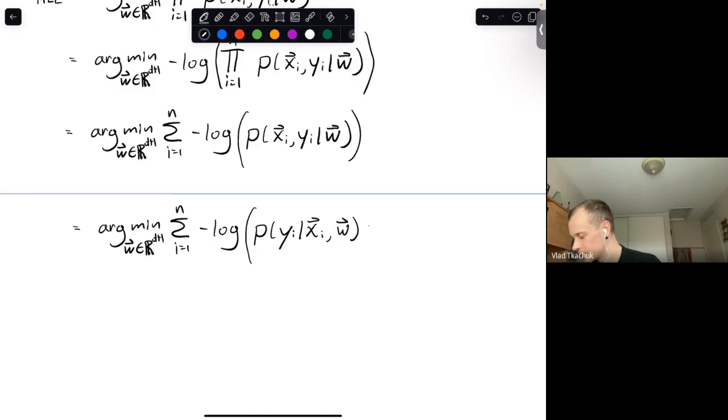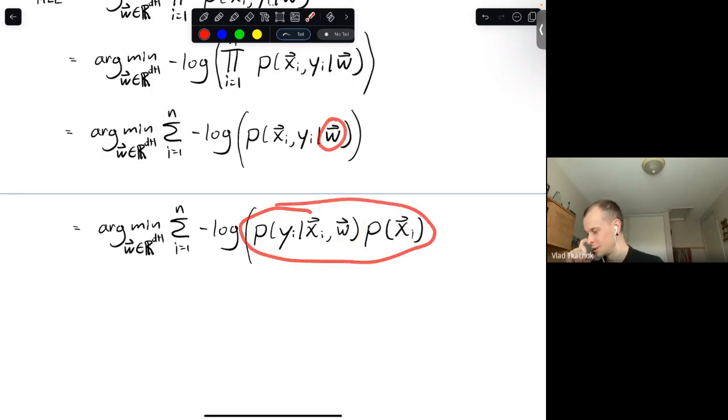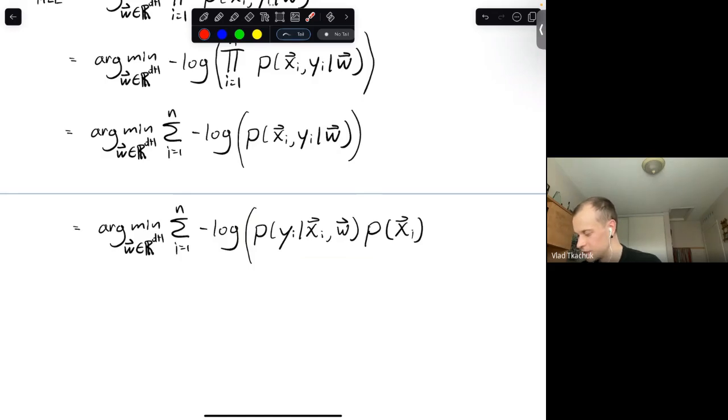And now notice how this thing here is p of x_i, but it has no dependence on w, so I remove it. There's nothing to do with w. W only really told us about this conditional thing. And then how is it here? Well, it was here through this kind of dependence. Because w influenced the conditional, it would influence the joint in some complicated way, so I wrote it here.